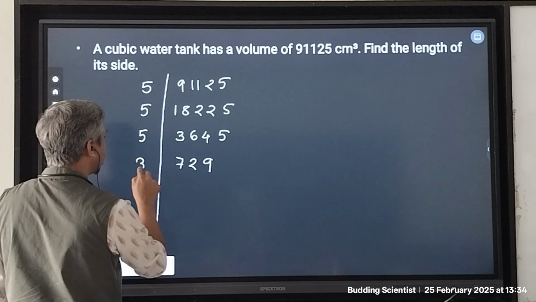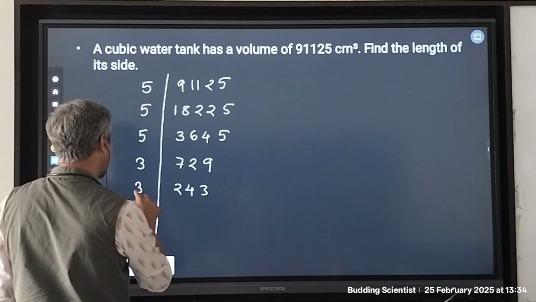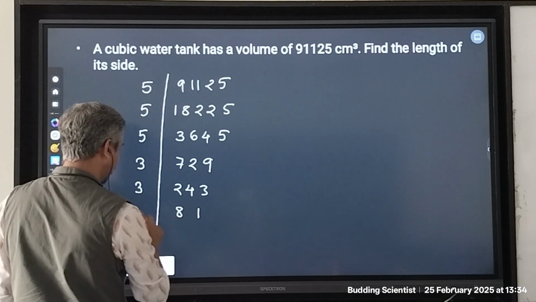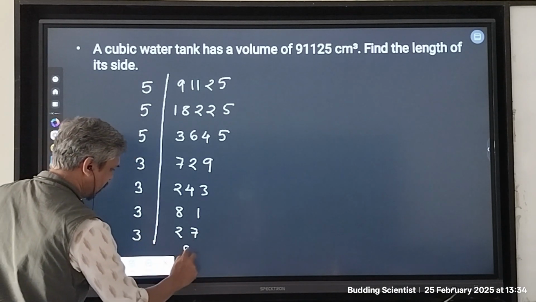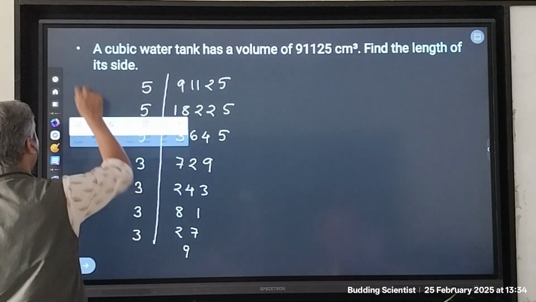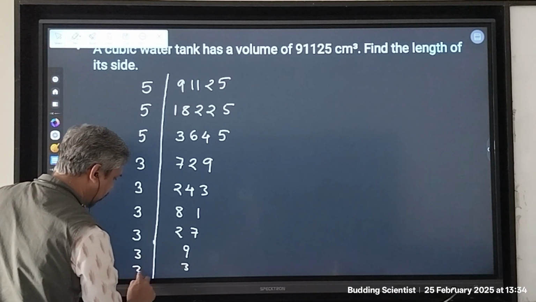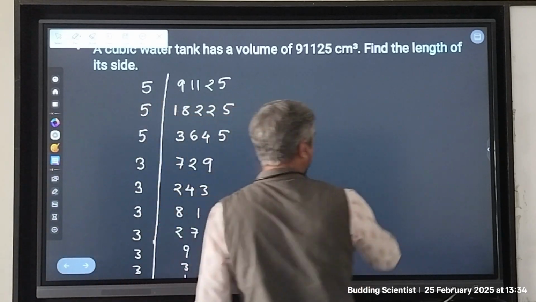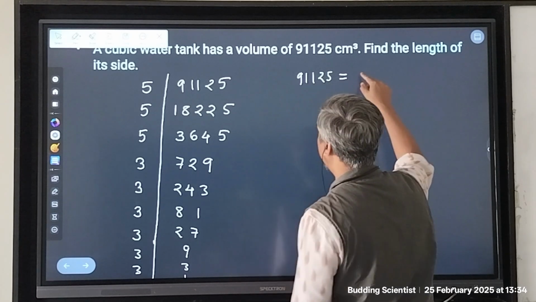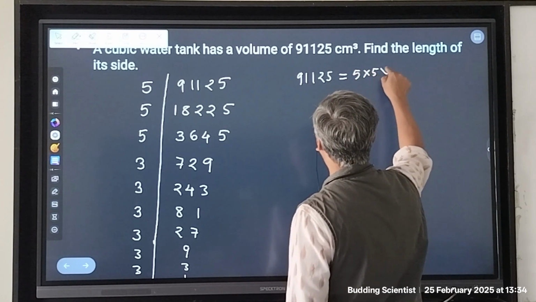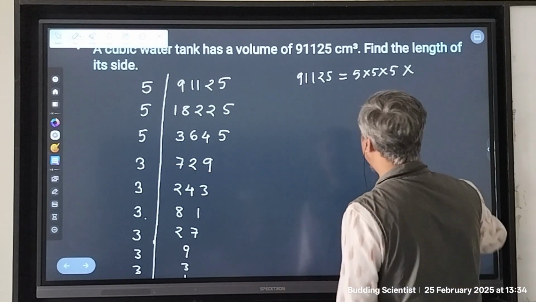Now we divide by 3. So 243. We will divide by 3 again. 81, 27, 9, 3, 3, 1. So we have 91125 is equal to 5 into 5 into 5 multiplied by 3 into 3 into 3, 3 into 3 into 3.